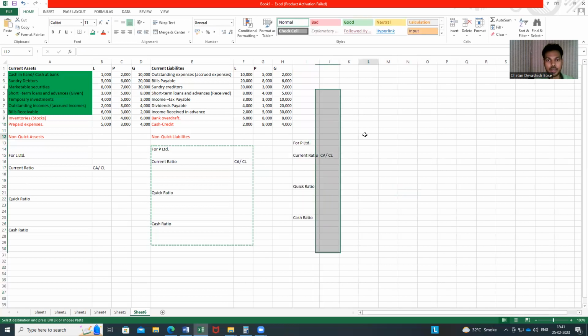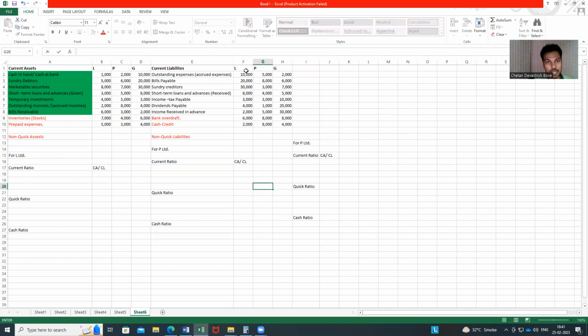Okay, so current ratio का formula, current asset upon current liabilities. So I will take all the entries which are in current asset, and then I will calculate all the entries of the current liabilities of L limited, और मैं इसको divide करूंगा and I will get current ratio.